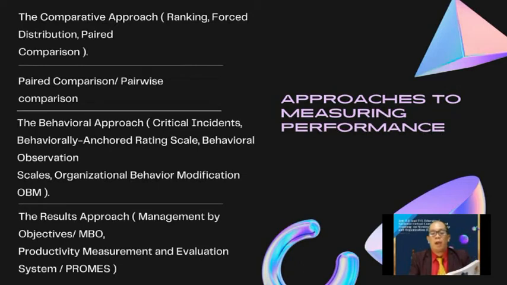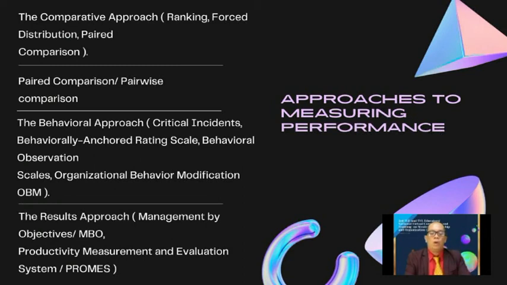Paired comparison, otherwise known as pairwise comparison, generally refers to the process of comparing entities in pairs to judge which of each pair is preferred or has a greater amount of some quantitative property. In performance rating, it requires the manager to compare every employee with every other employee in the work group, giving an employee a score of 1 every time he is considered the highest performer.